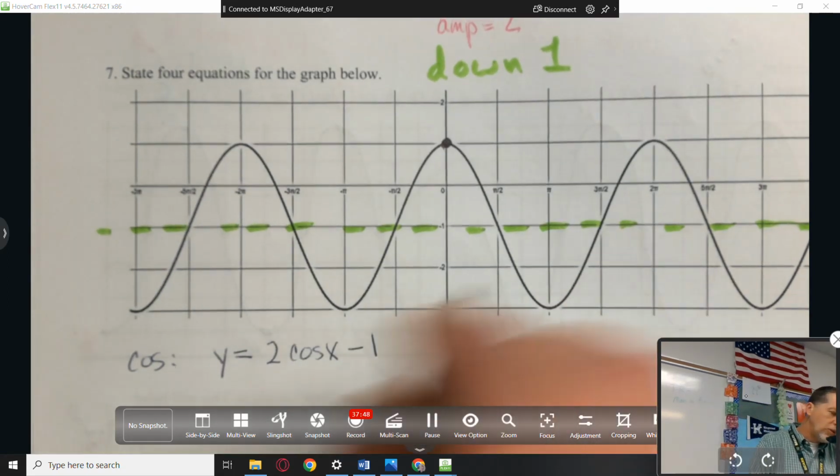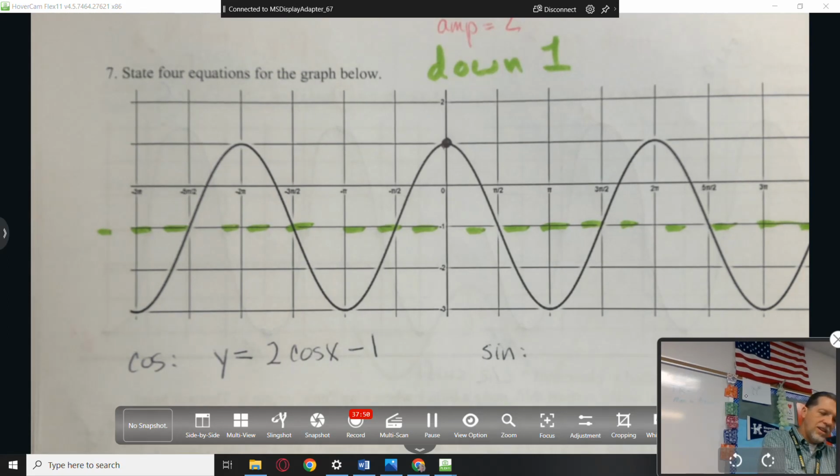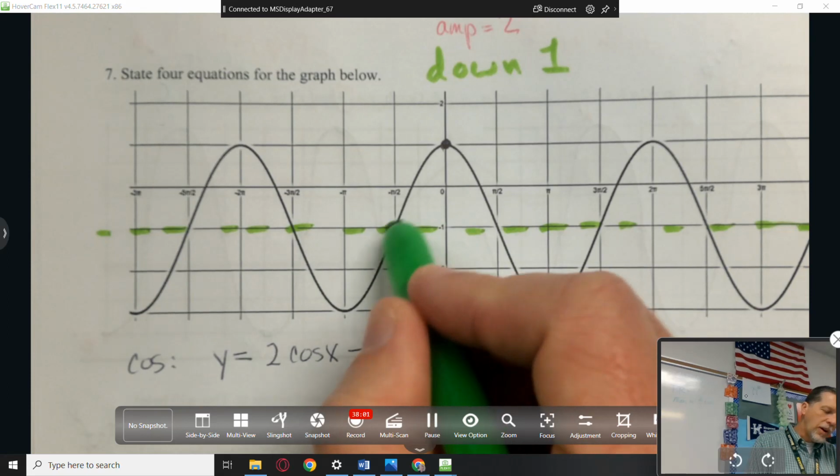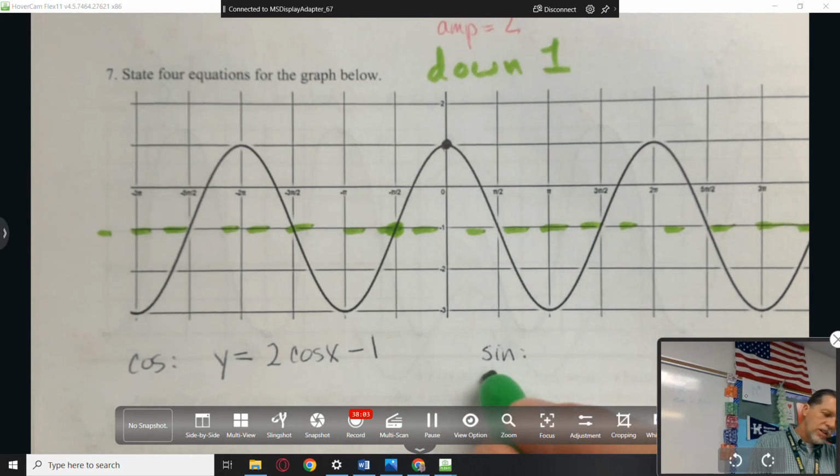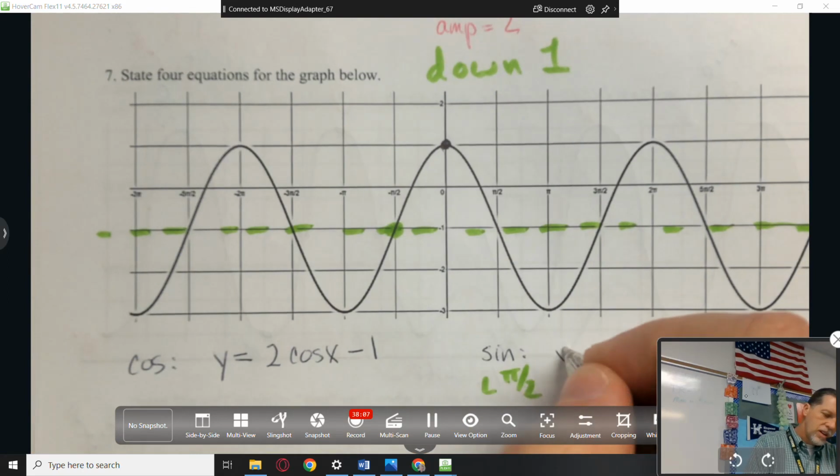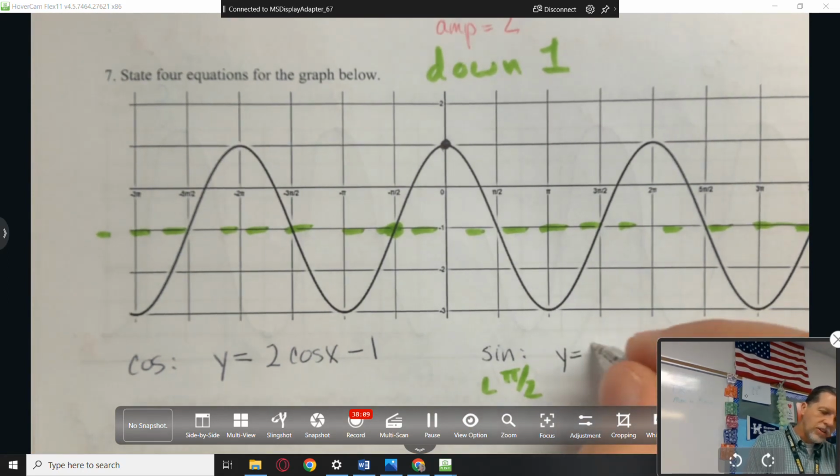What if we want to use a sine? Where would you say it starts if we want to call it a sine? Yeah, careful. I'd say negative pi over 2. So that's left pi over 2. So I still need the 2 to stretch it.